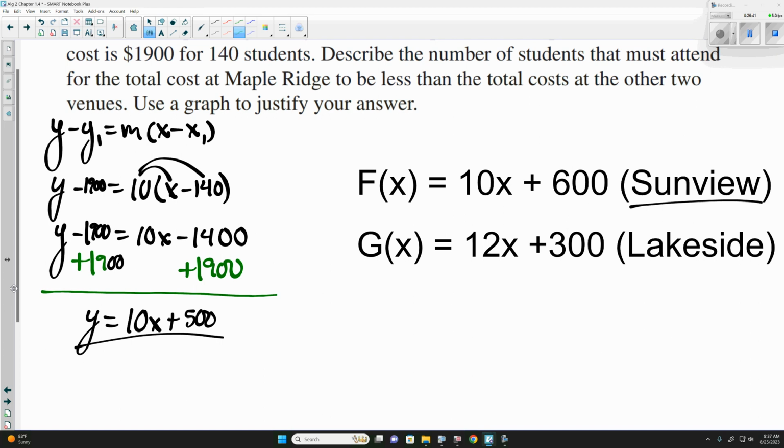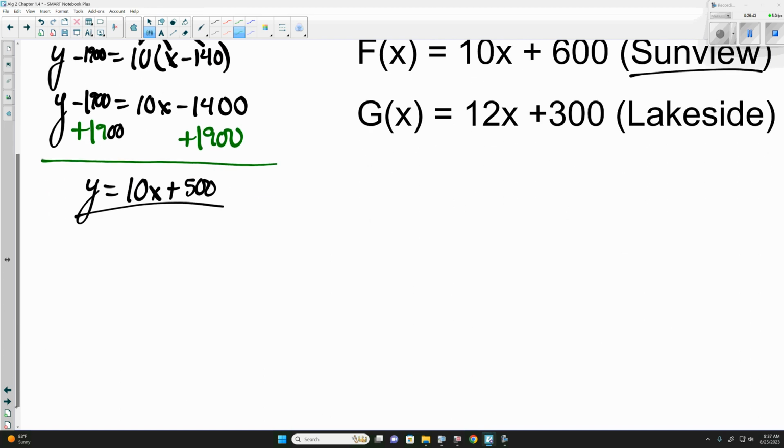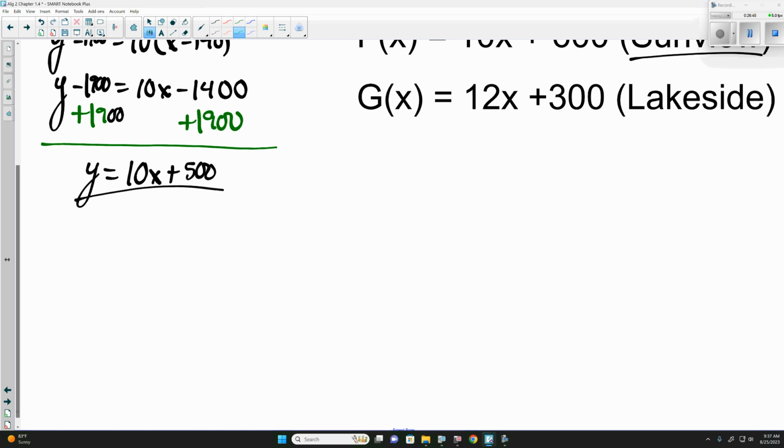So really we're just trying to see when it needs to be cheaper than Lakeside, yes? Well, the easiest spot to find that is where they are the same. Because if we know we're the same, we know less than that is where it's going to work out. So we can say 10x plus 500 is equal to 12x plus 300.